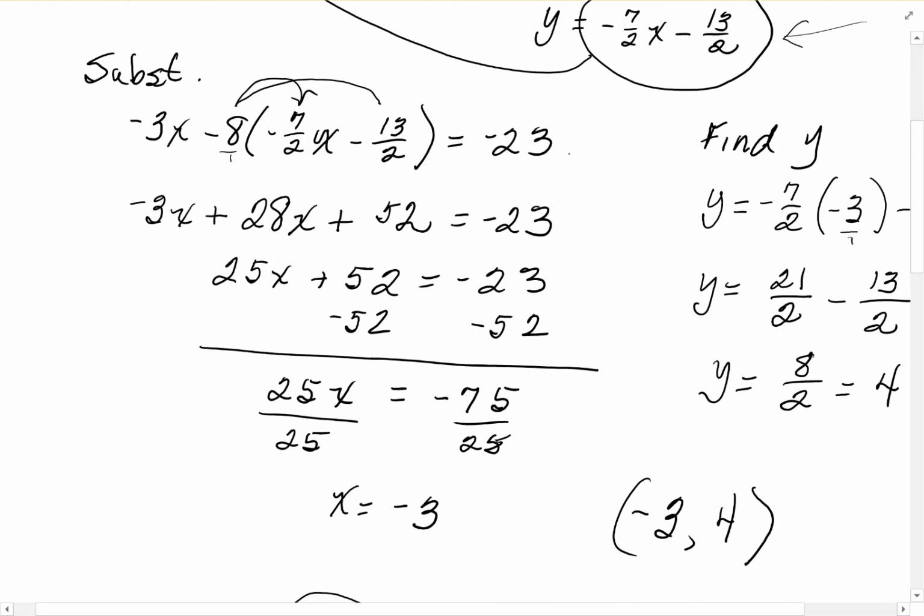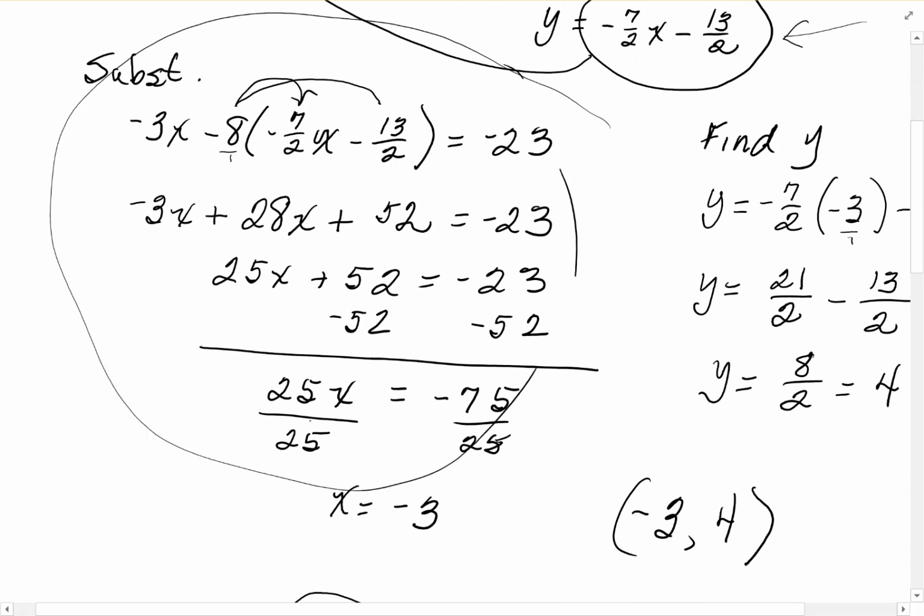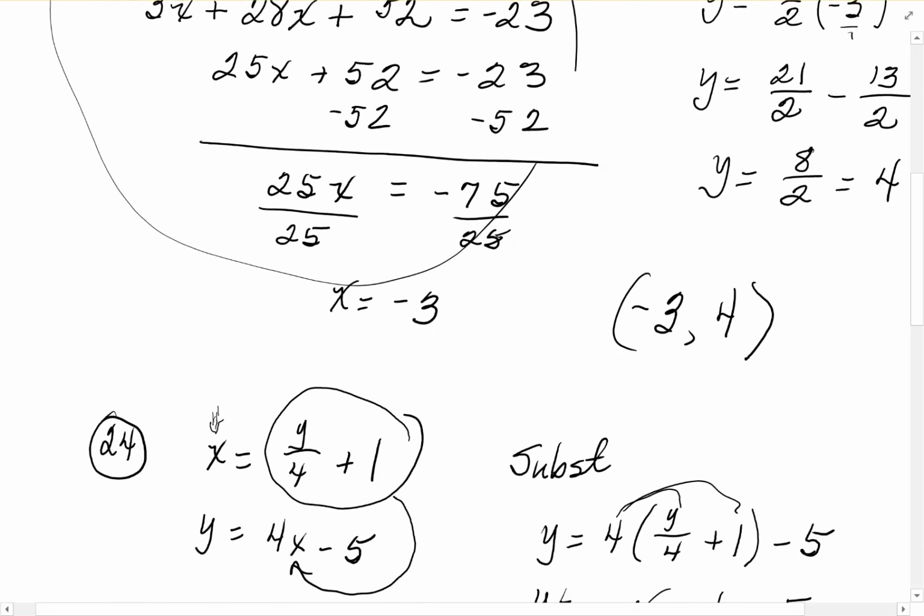When you do this substitution step, right down here at the bottom, when you are trying to solve for the first variable, if the variables drop out, then you are either in the no solution or infinite solution category. Like this first one, they didn't drop out.